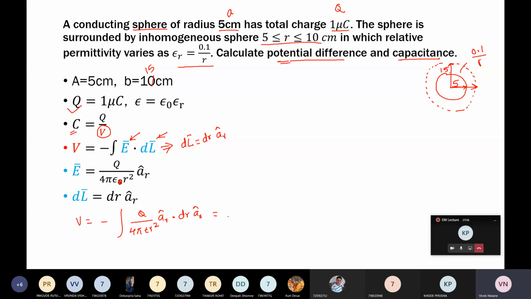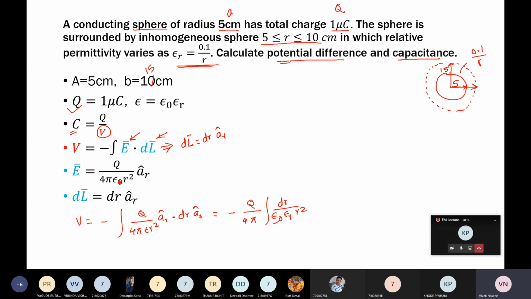So what we will have is minus, take out the constants from the integral, 4 pi. Epsilon is given as epsilon 0 epsilon r, so let me write that too: dr upon epsilon 0 epsilon r square.